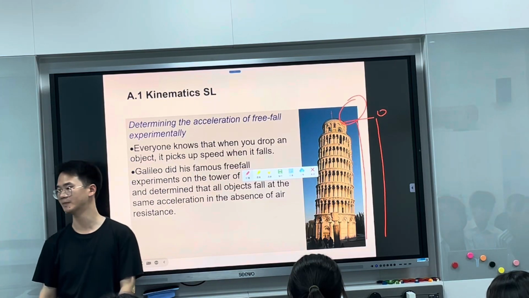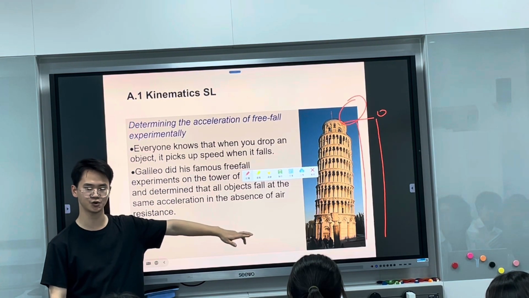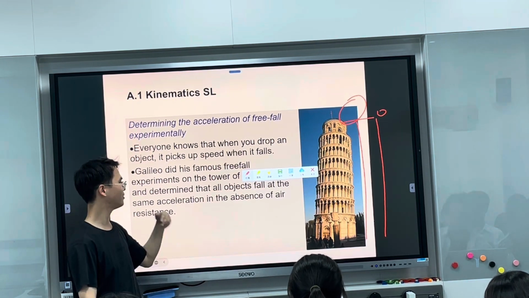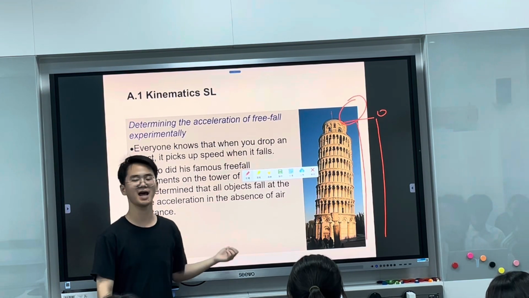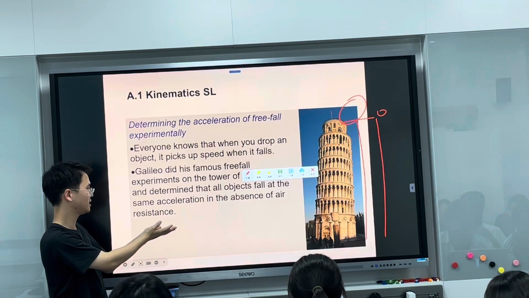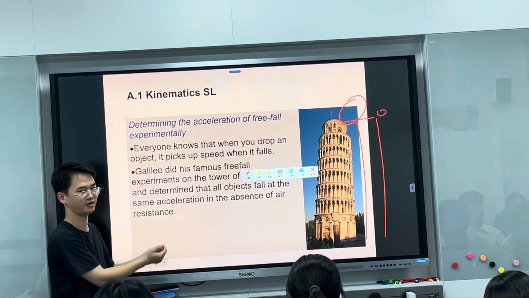Okay? Which contradicts this famous theory and revolutionized people's understanding of free fall, and we started to understand there is nothing to do with the mass in terms of free fall.